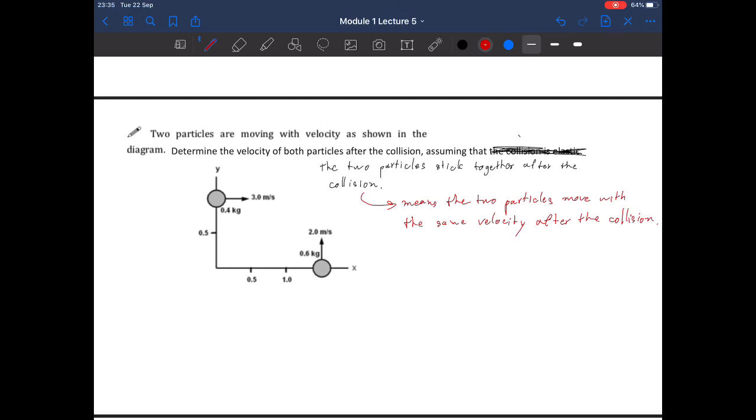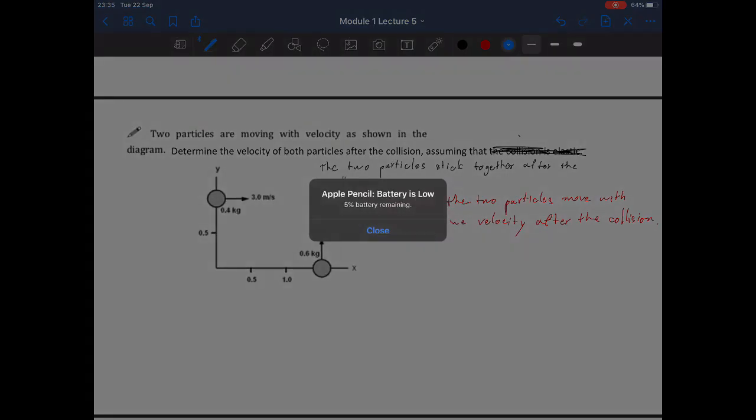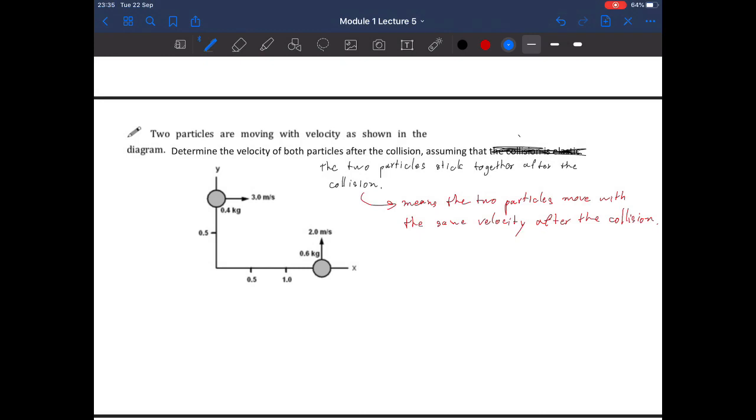Okay. So the two particles will move with the same velocity after the collision. So how do we find the velocity of both particles then? We'll do it this way.